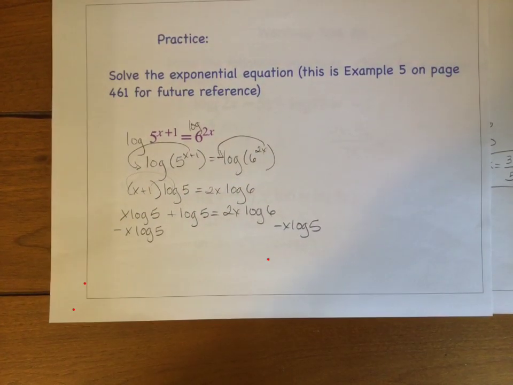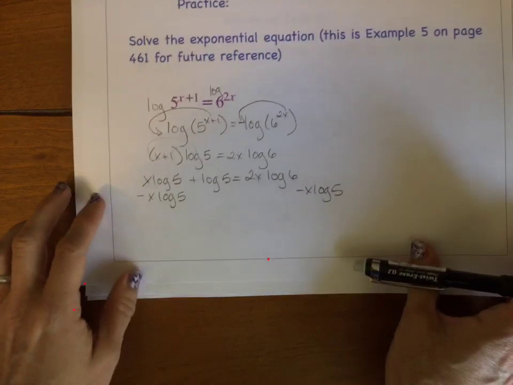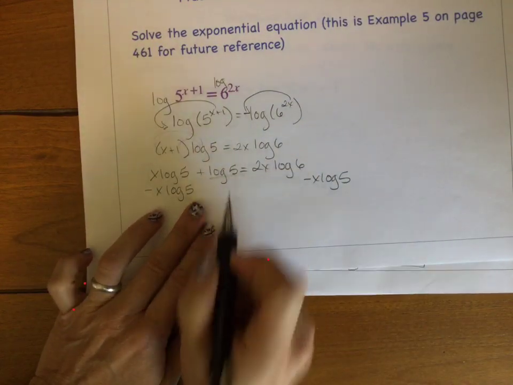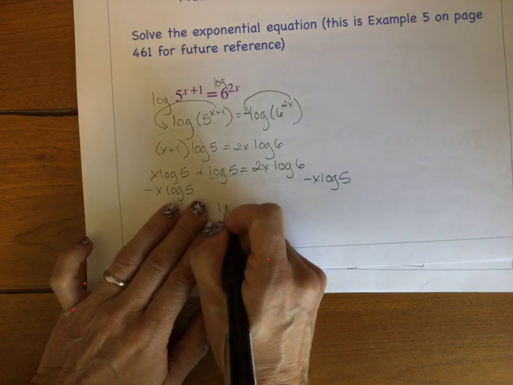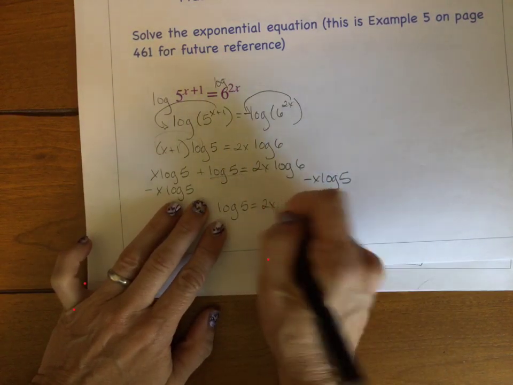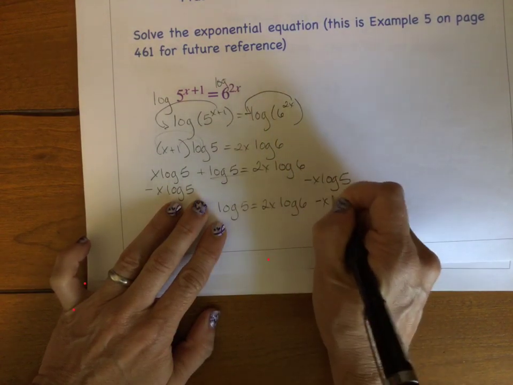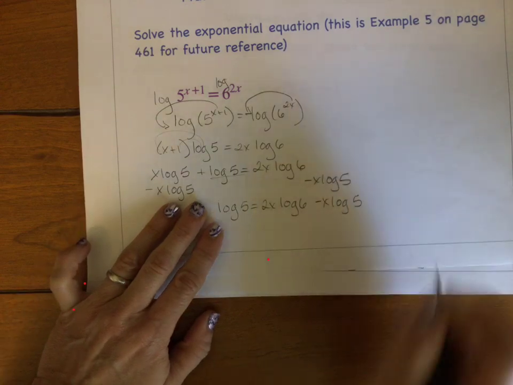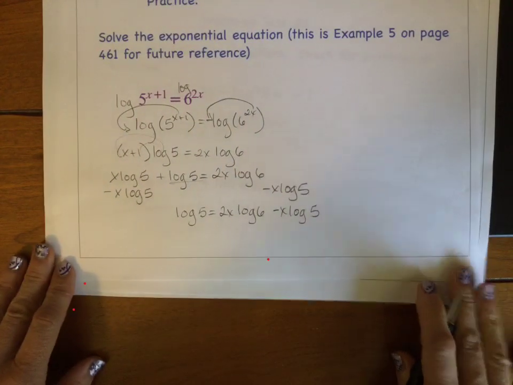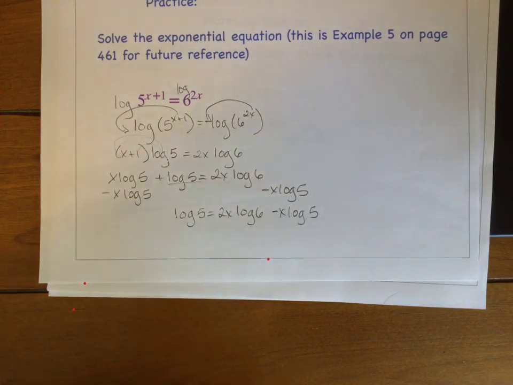Let me zoom out a little bit so you guys can see better. And just remember log 5, that's just a number. So I just leave that. I'm not going to do anything with it. But here's what I have on the right side of my equal sign. And now I'm going to look for that greatest common factor.